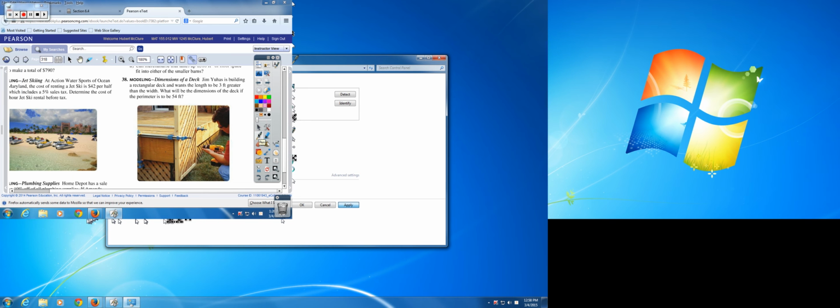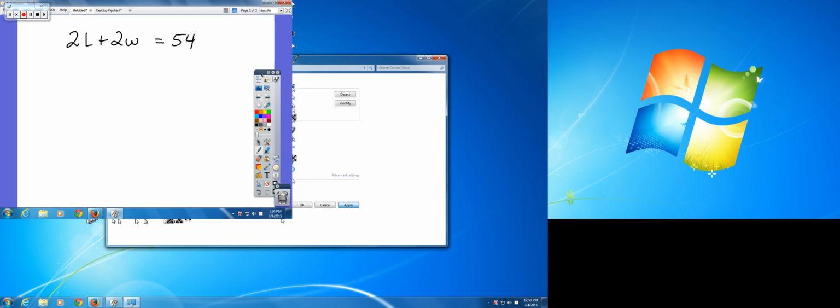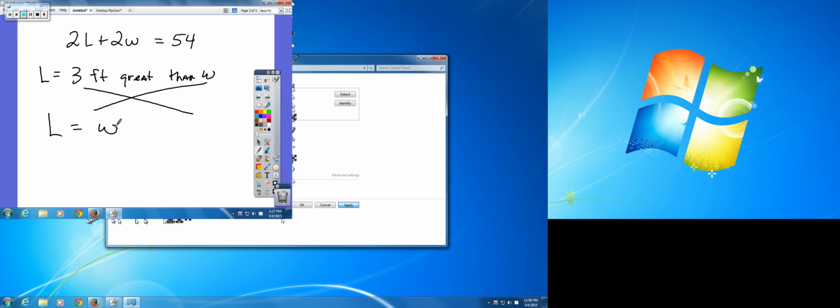He wants the length to be 3 foot greater than the width. So that's going to be length is equal to W plus 3.